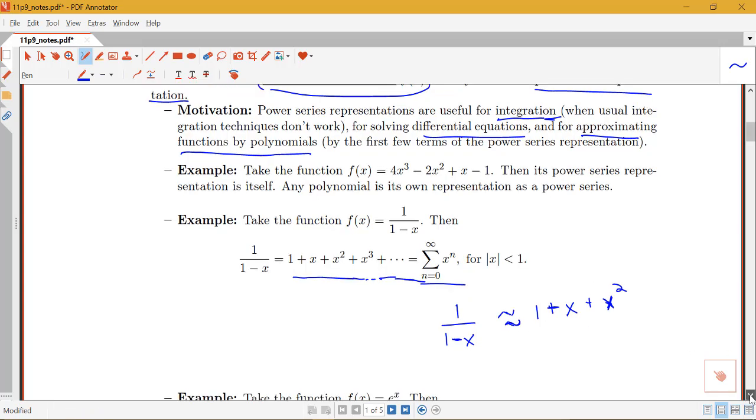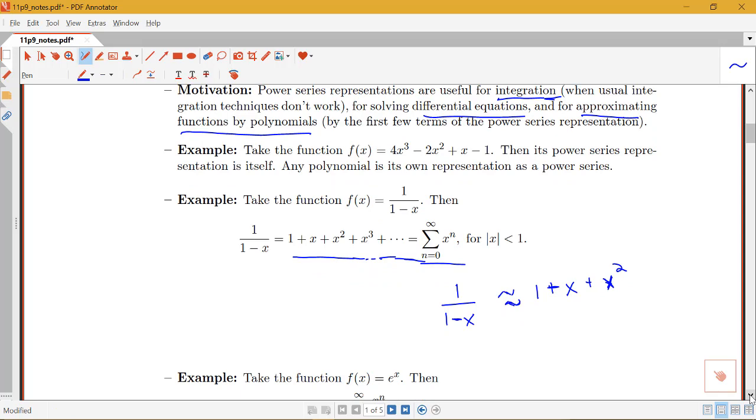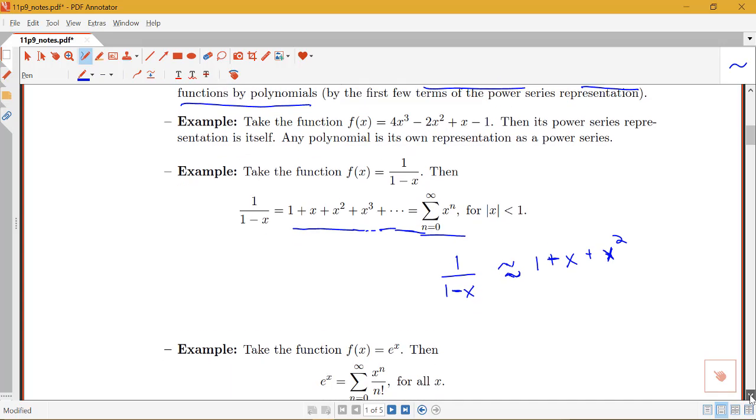Okay, you'll see later that we'll answer questions about errors in doing approximations like that, like we did with estimating errors in estimating sums using like our alternating series estimation theorem or integral estimation theorem. There will also be an estimation theorem later for estimating or approximating a function by the first so many terms.